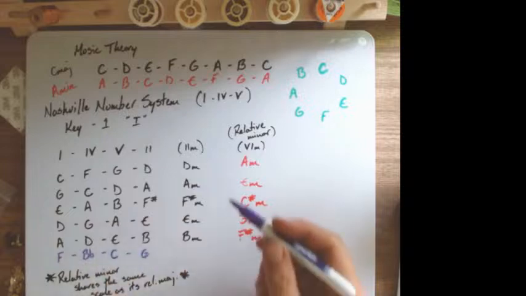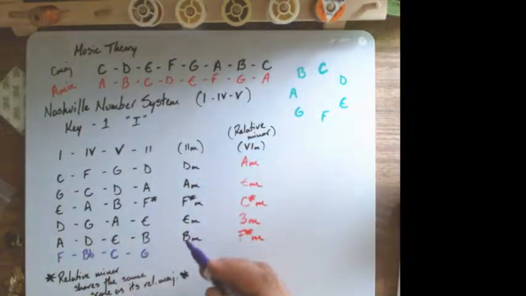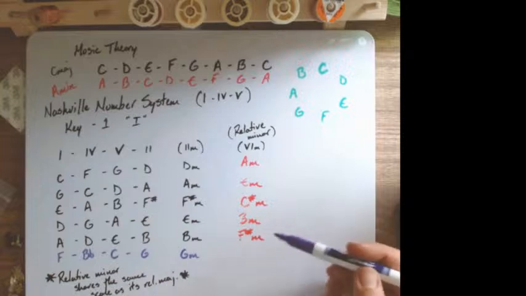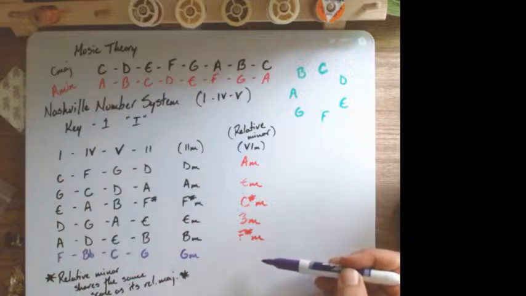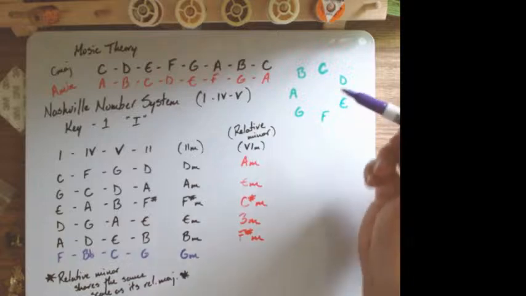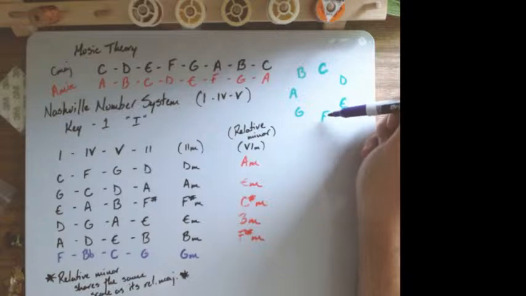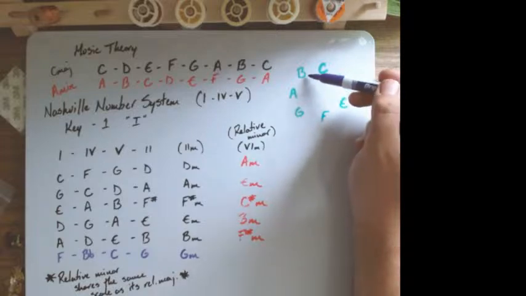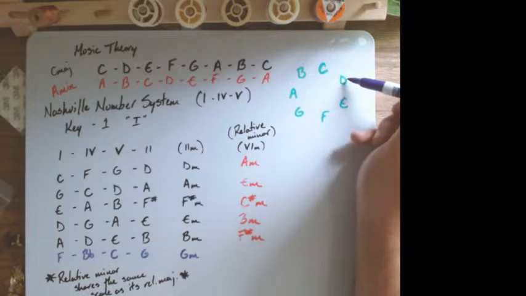Now the relative minor is going to be just the same thing dropped over, so that's a G minor. Now the relative minor for an F, the way it works out with the sharps and flats, it is actually a whole letter. So you're going to have 1, 2, 3, 4, 5, 6 minor.